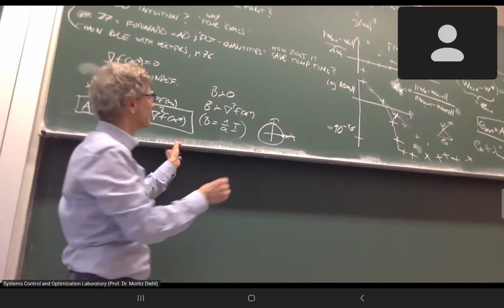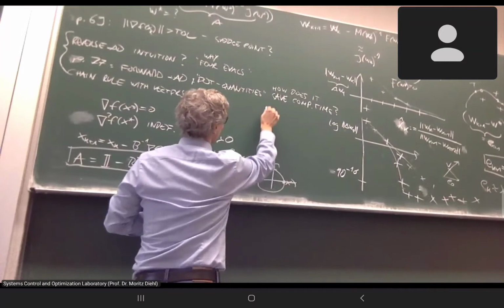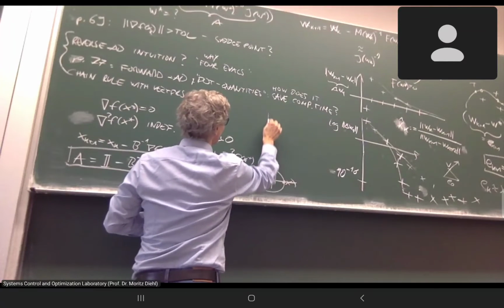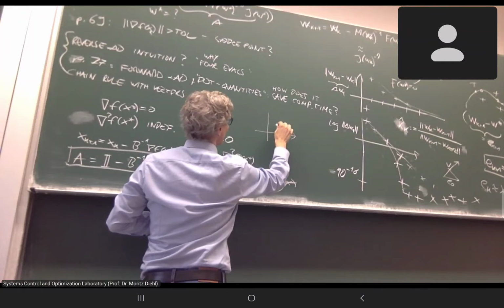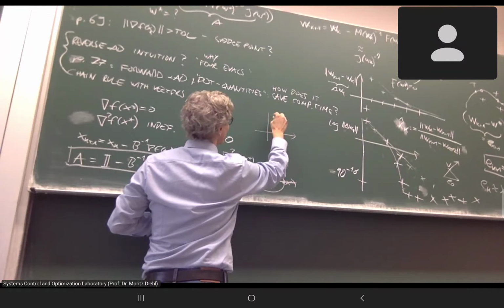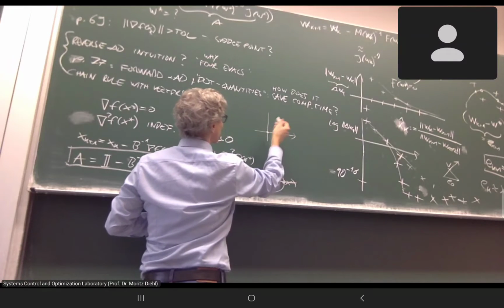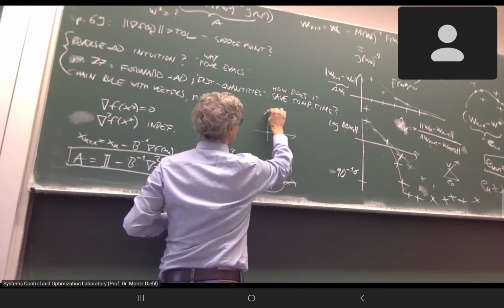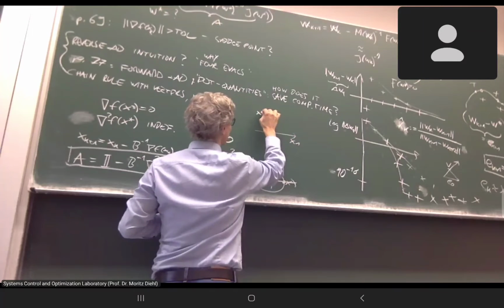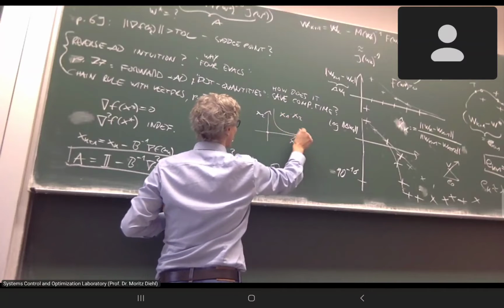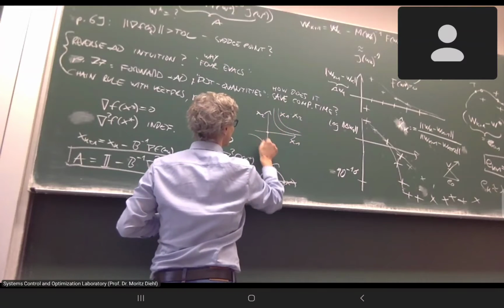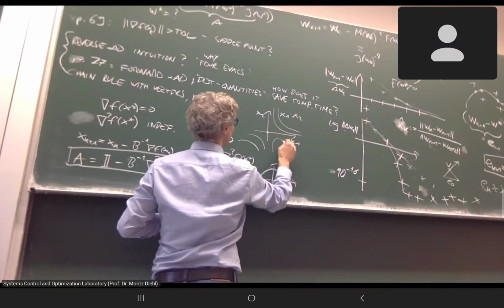So roughly speaking, let's say I have a saddle point, and it could be two-dimensional, with x2 as the function. You have lines like this, increasing here and decreasing here.